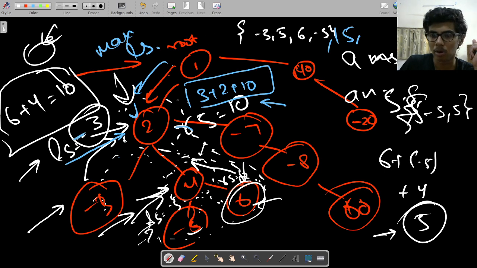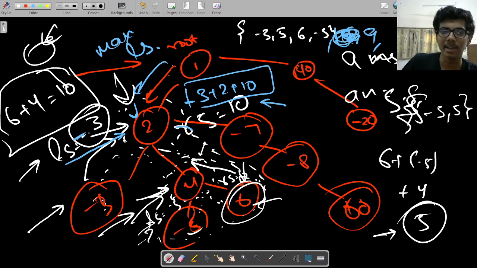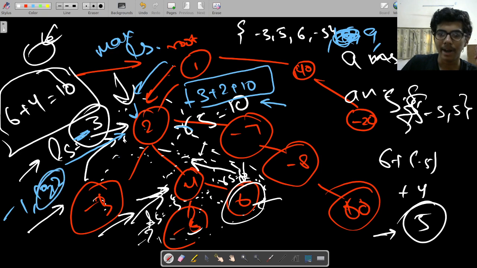So I am doing it wrong. It is minus 3, so it will be 9, not 15. So it is minus 3 and rs is equal to 10. If I add 2 to ls, it will be minus 1, and if I add 10 to 2, it will be 12, right? Since 12 is the maximum, my left subtree will give me an answer of 12.